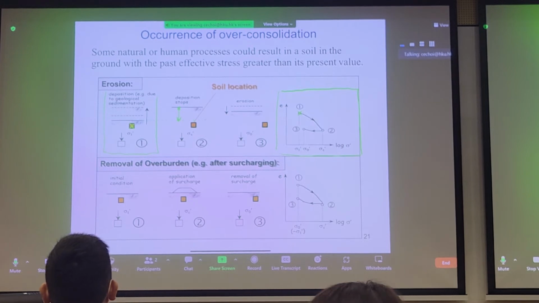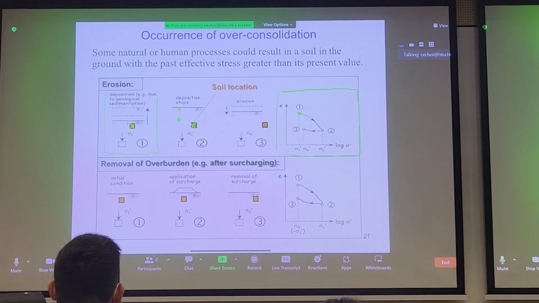So what's happening with this added overburden? Well, this added overburden will compress the soil. You'll see a void ratio reduction as you compress the soil, and you'll reach point 2. And point 2 is in essence the largest stress that this soil element has ever experienced in its lifetime, because initially it was just experiencing a very small overburden on this side.